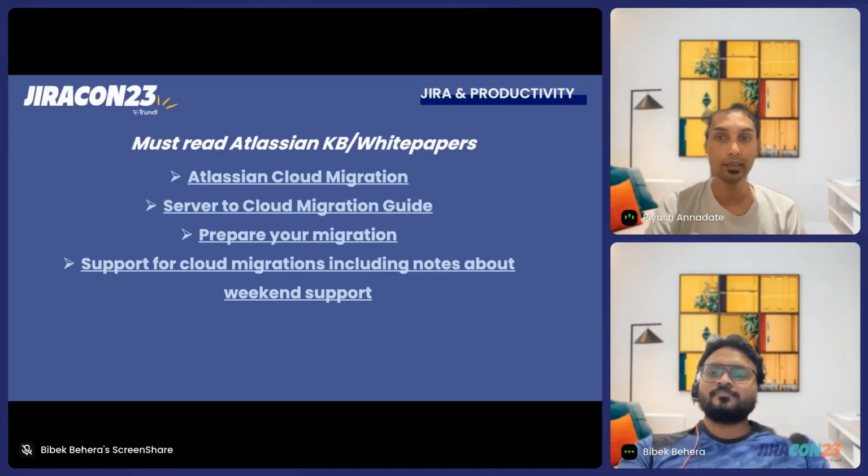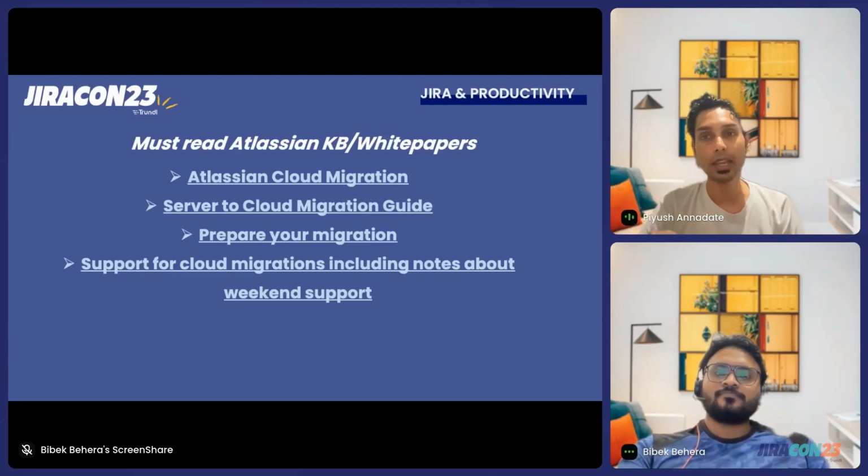And the Excel picture that Bibek showed, the prep list of whether it's done or not done and what action items you need to do, actually comes from Atlassian. They have maintained that. You can use their action items and their Excel and reconstruct it for the different type of migration you're doing, or else use a generic one that is applicable to all. So that's all for that one.